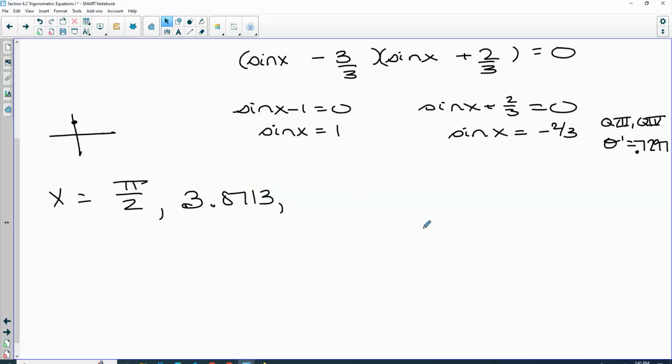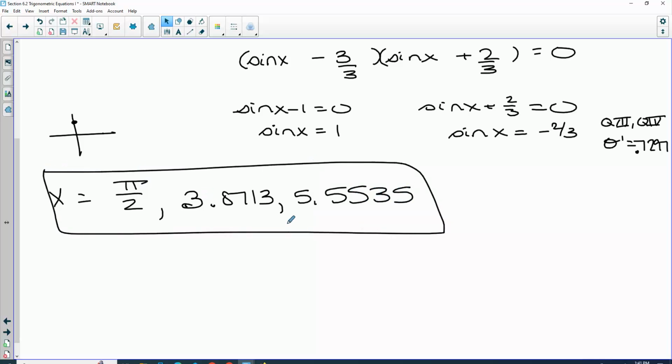In the fourth quadrant, we do 2 pi minus 0.7297, which is 5.5535. The nice thing about these, they're equations. You can always plug them back into the original to check. Sometimes we get nice points off the unit circle, but if it's one we don't know on the circle, then we use the calculator and do the inverse.